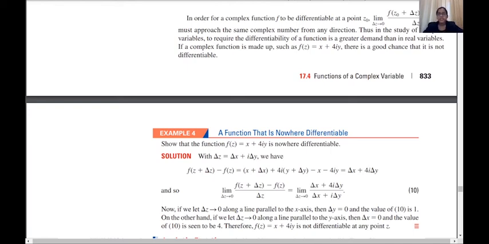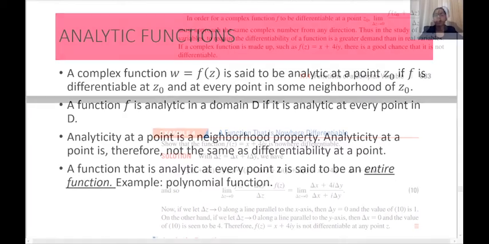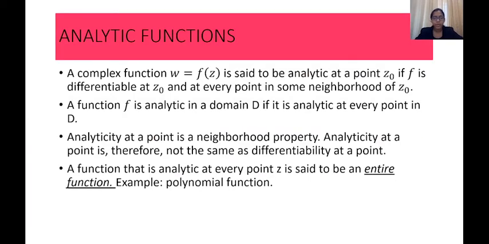Now, as we have this concept that the derivatives may or may not exist, we are moving on to a new definition, that is about analytic functions. So what is meant by an analytic function? A complex function w equal to f of z is said to be analytic at a point z naught if f is differentiable at z naught and at every point in some neighborhood of z naught.